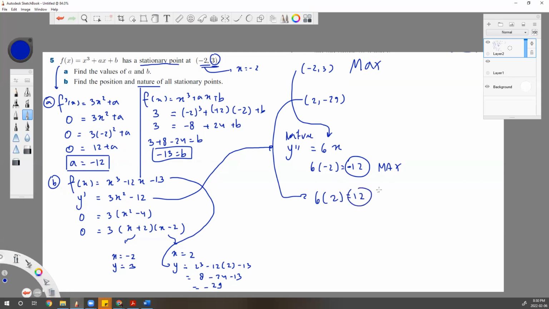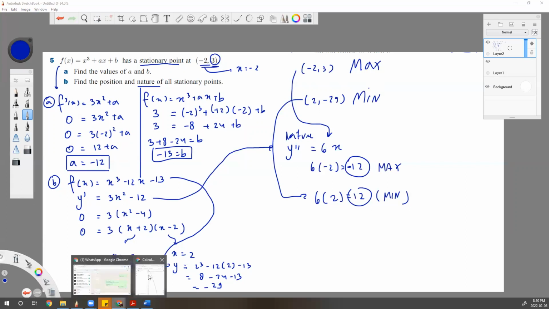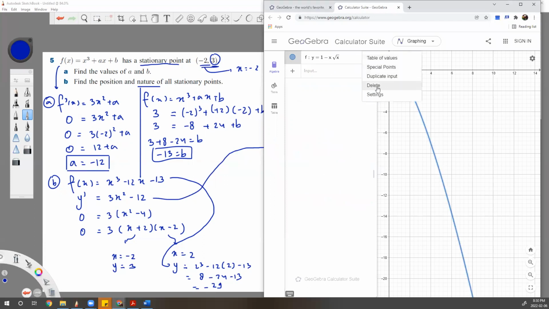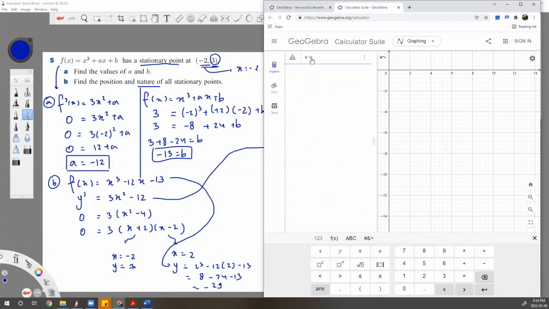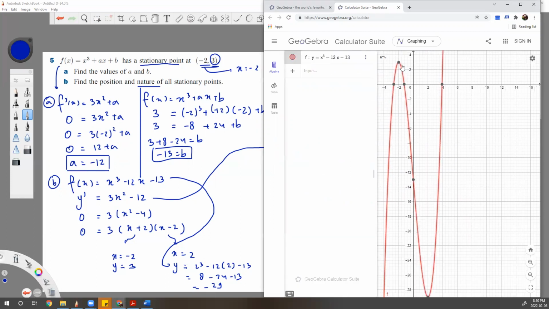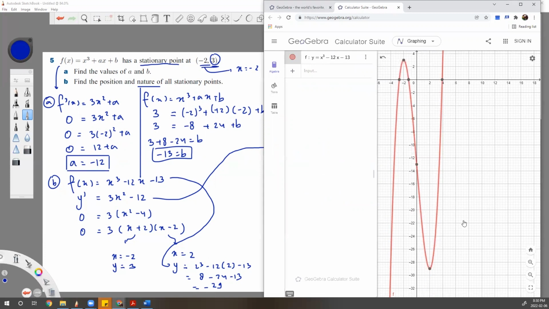It is positive, so it is local minimum. Okay. If you want to prove, try it with a calculator. y equals x cubed minus 12x minus 13. There you go. See, the (-2, 3) is maximum as it is given, and the minimum will be here. No inflection point at all. Okay, it's proven, well proven, right?